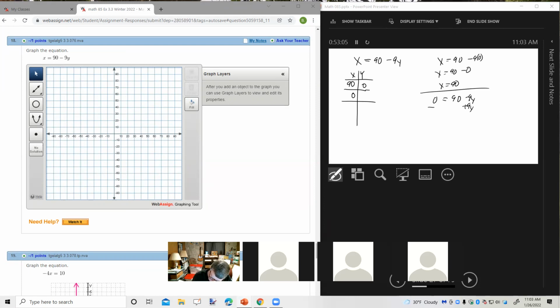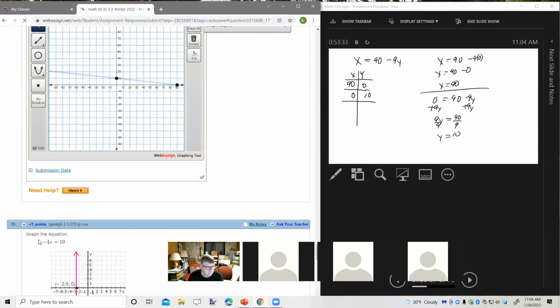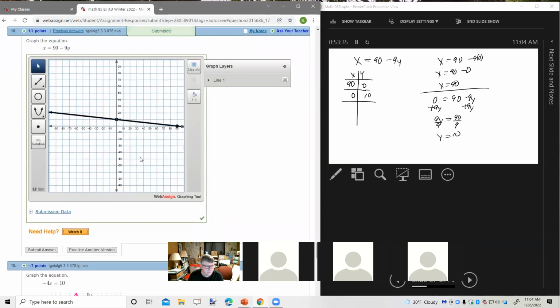I'm going to add 9y to both sides of the equation. 9y equals 90, divide by 9, y equals 10. So, excuse me, 90, 0. X is 90, y is 0, and 0, 10. I'm going to go here to make sure: 90, 0, 0, 10. And there we have it.